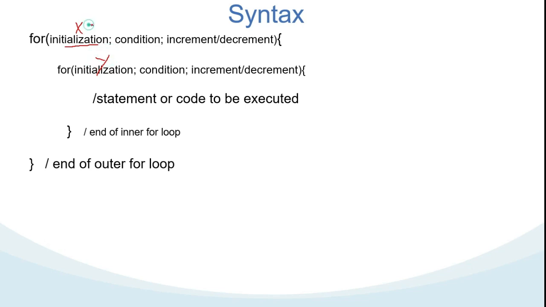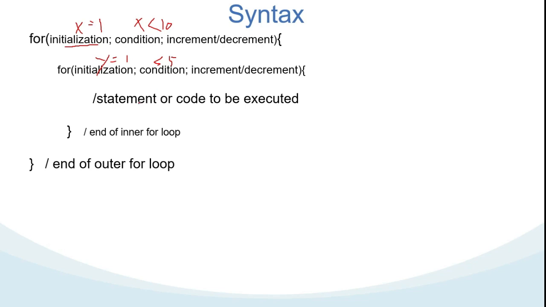So if our x, for example, starts from 1 and then we check the condition, less than 10, for example, then enter the inner loop. The y, for example, starts from 1 and then the condition, for example, less than 5 here. Then x is 1, y is 1, y less than 5, the condition is fulfilled, which is true, then the statement inside will be executed.